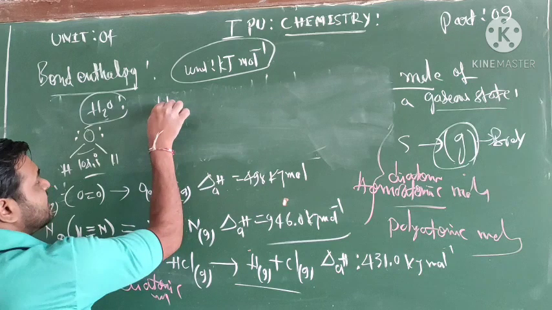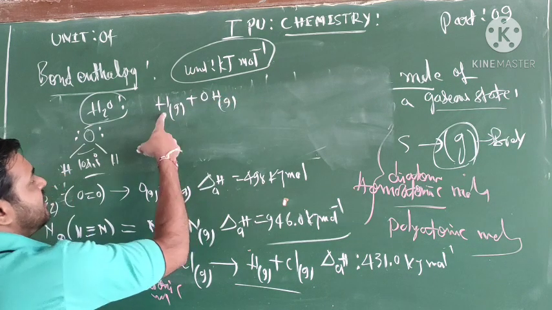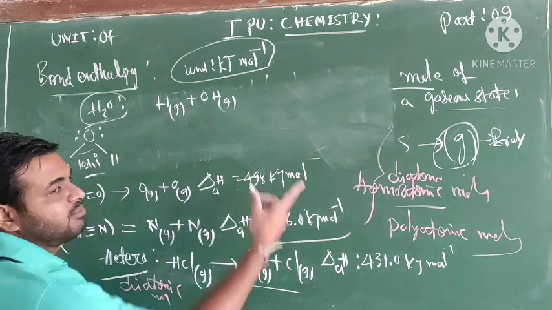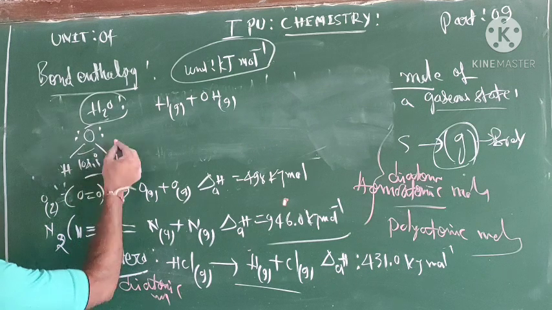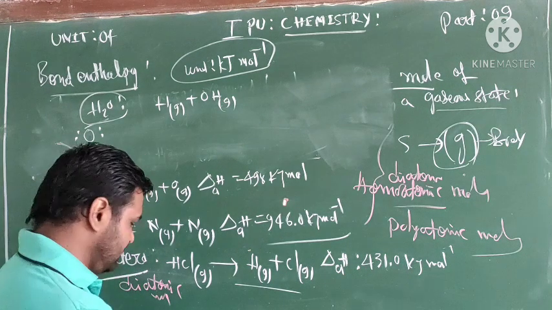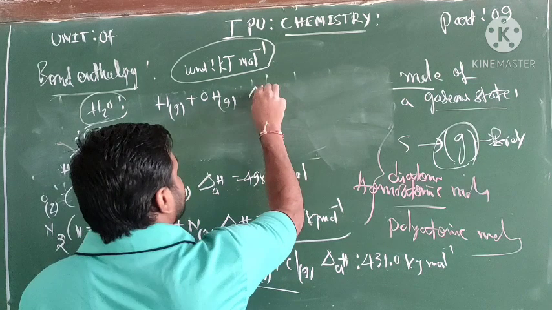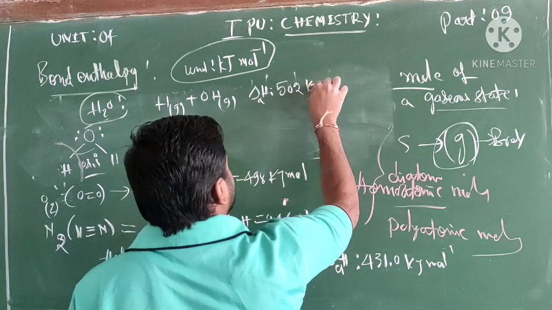Weakest bond means H and OH; either one of the H's is broken. The value of delta H is 502 kilojoules per mole.